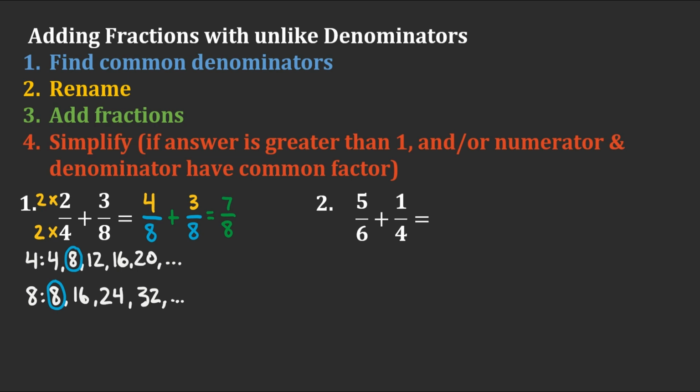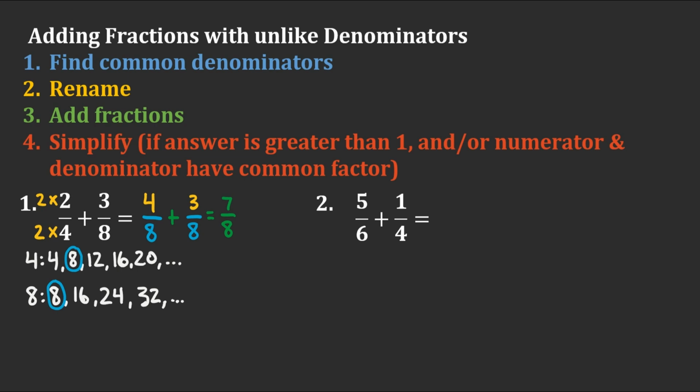Now our fourth step in red says simplify. We'd simplify if the answer is greater than 1 and or the numerator and denominator have a common factor, meaning we can divide the numerator and denominator by the same number, and it would give us an equivalent fraction that has a smaller numerator, smaller denominator. Well, this number 7/8 doesn't apply to either of those.